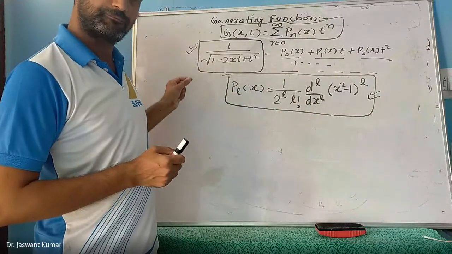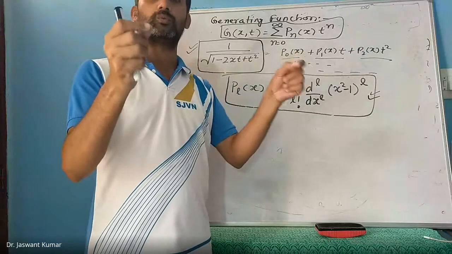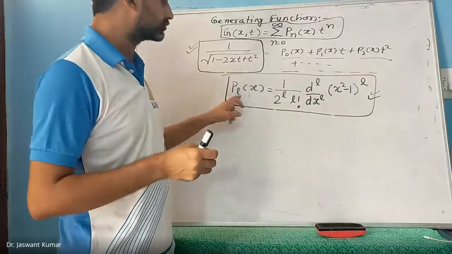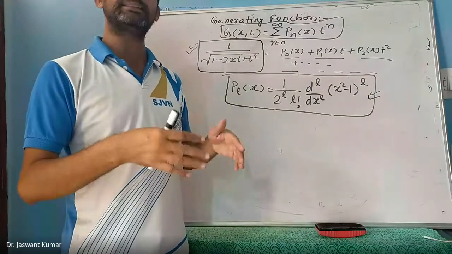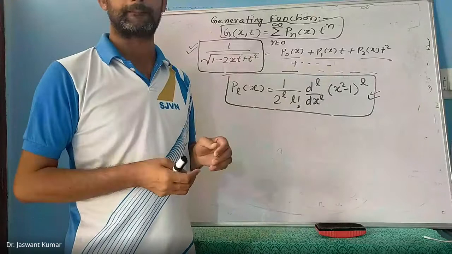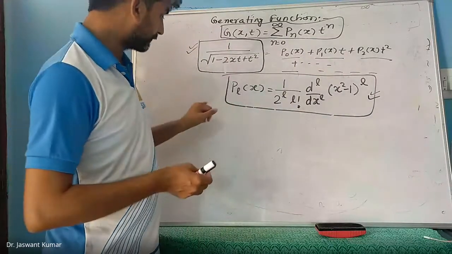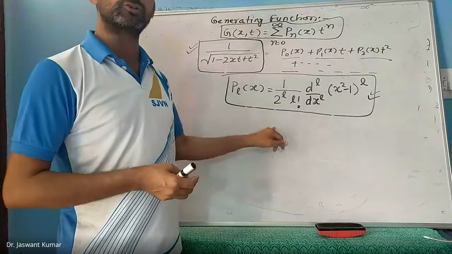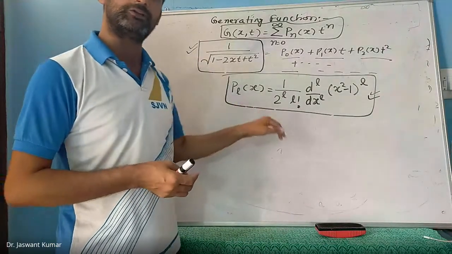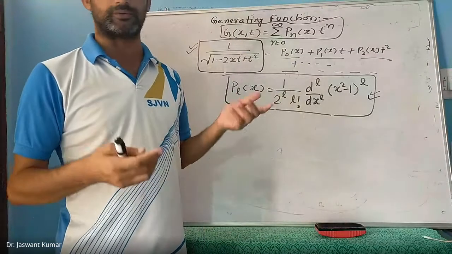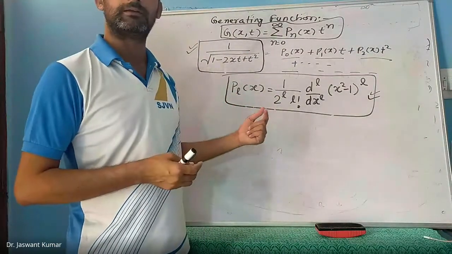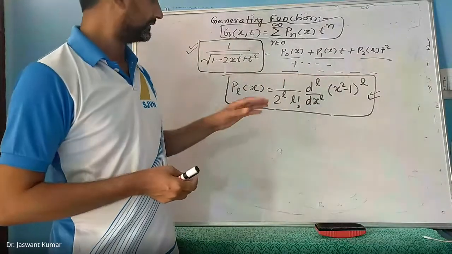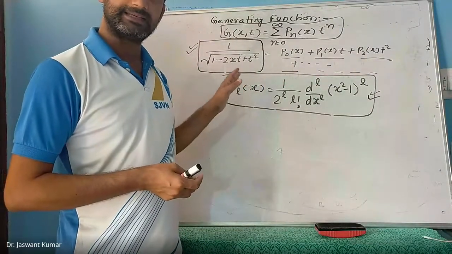Similarly, with knowledge of two different L values of P of x, we can obtain the third value of PL of x. For example, from P0 and P1 we could calculate P2. From P1 and P2 we can also calculate P0. From P1 and P2 we can calculate P3 and so on. That was the power of the recursion relation.